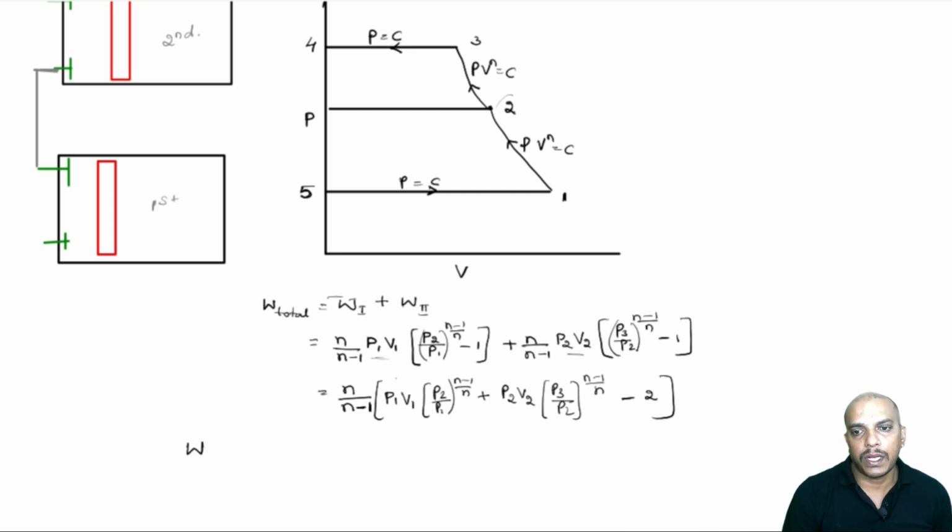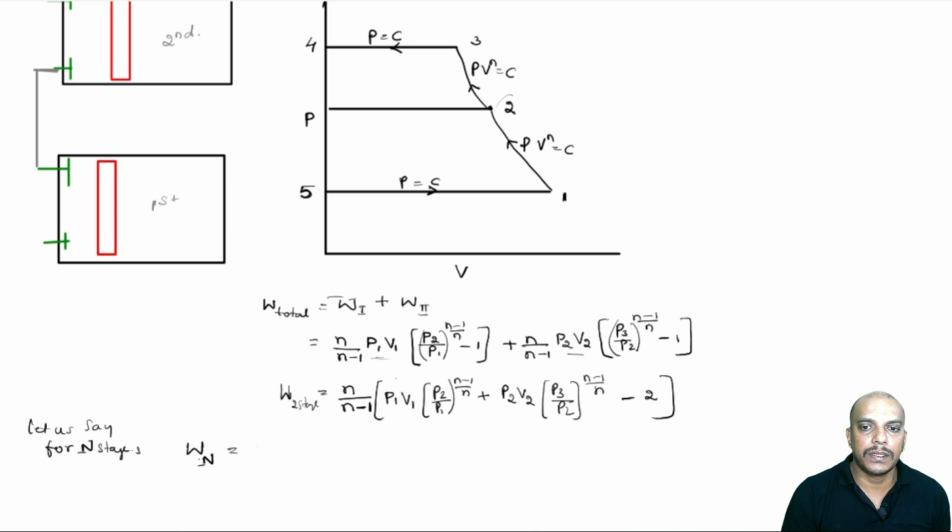Now we can write it in general for n stages, where n is the number of stages. Whatever we have derived is for two stages.